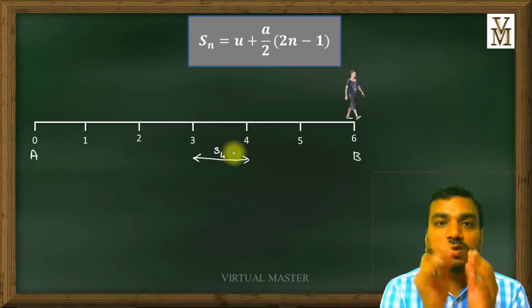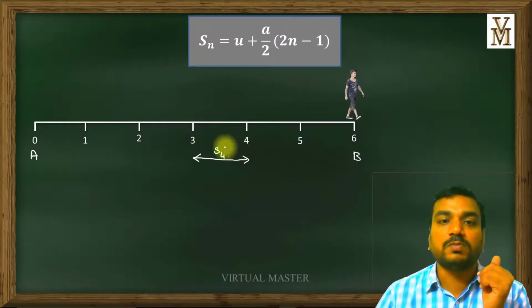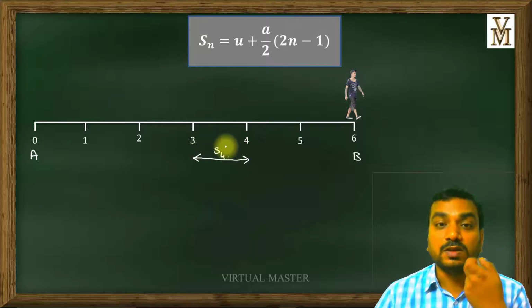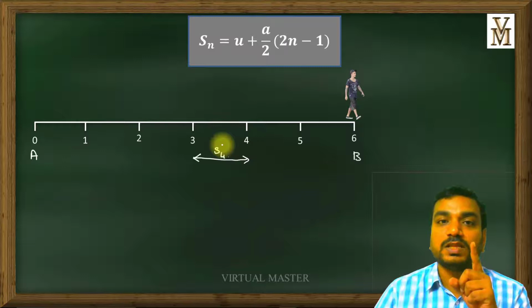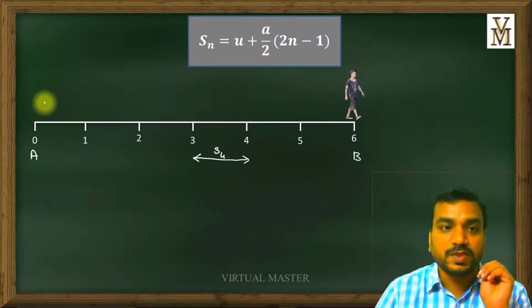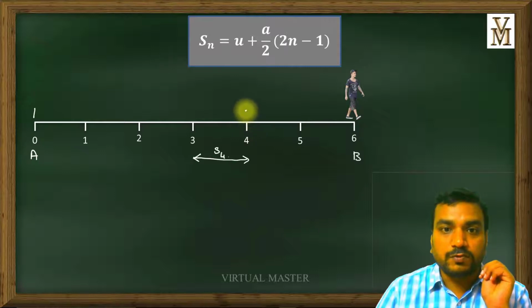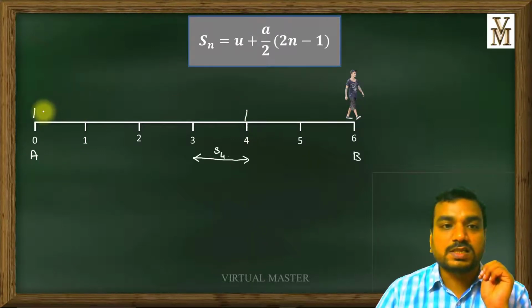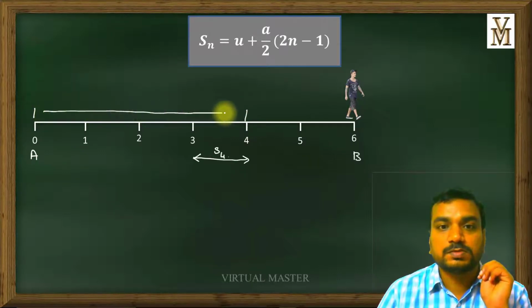Now how are you going to find the distance covered by the boy during the 4th second? To find S4, first we have to find the distance covered by the boy in 4 seconds. That is the distance from point A to the 4th second. This distance I will call S dash.